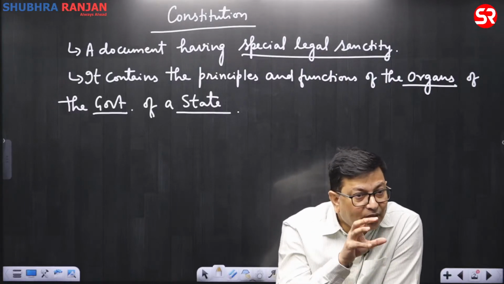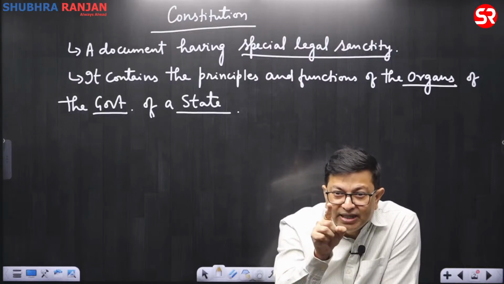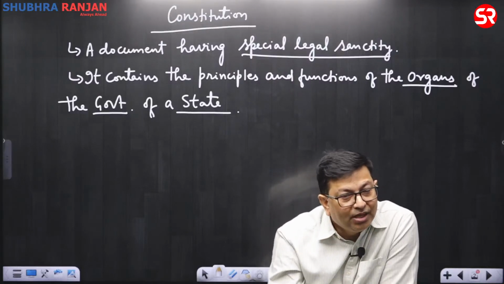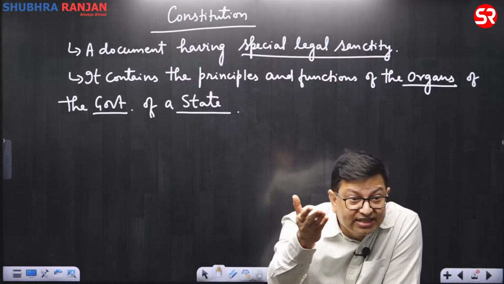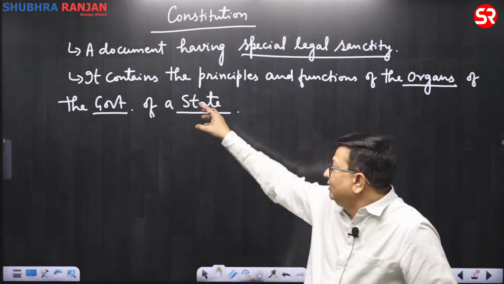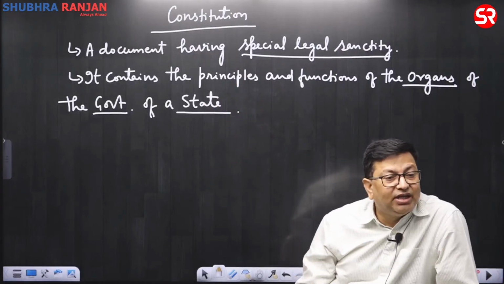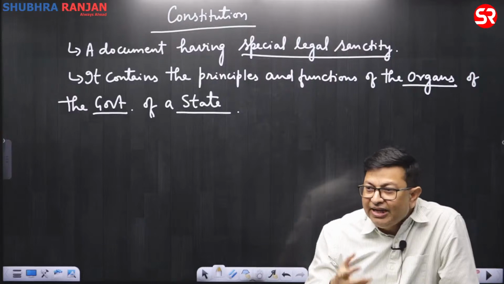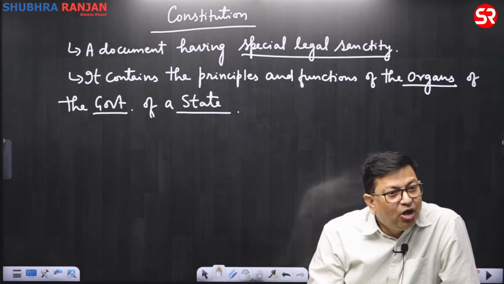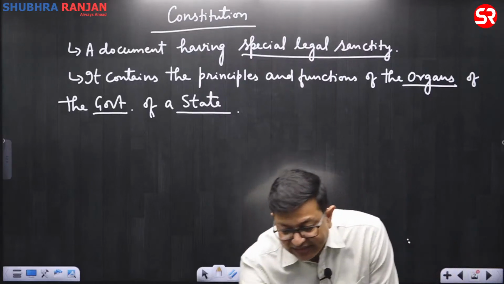So, in the Constitution, you will find the rights, you will find the duties of the state, and the duties of the citizens also. So, if we just say that the Constitution contains the principles and functions of the organs of the government of a state, it will be a narrow definition of the Constitution. So, one more sentence we need to add here.